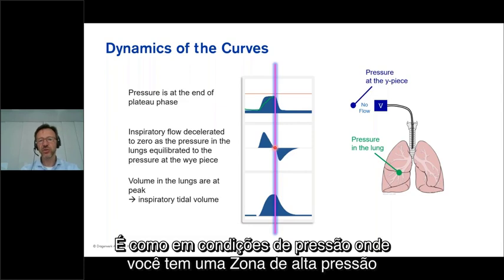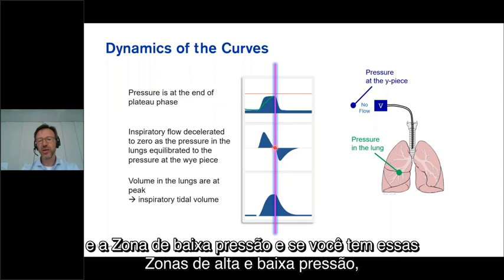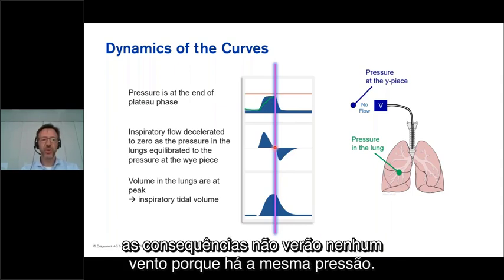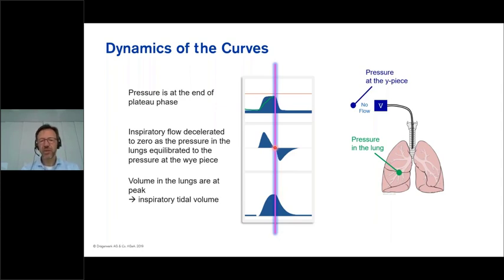It's like in pressure conditions where you have a high pressure zone and a low pressure zone, and the consequence is wind. If you have the same pressure in both zones, then you will not see any wind, because there's the same pressure.